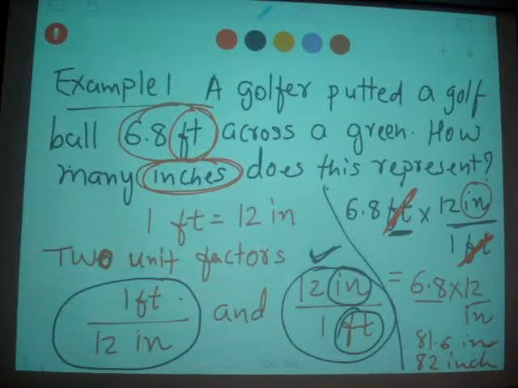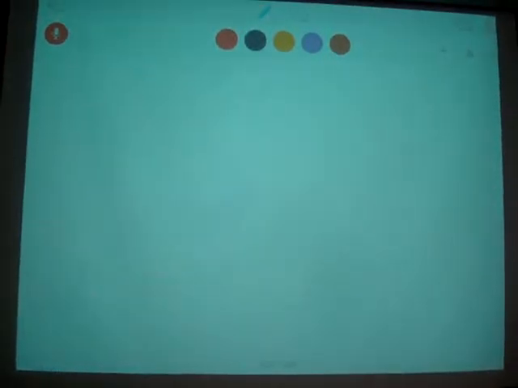Okay, so what we did in this one, there are some steps for dimensional analysis. So I'm going to write those steps for dimensional analysis. What do we do first?